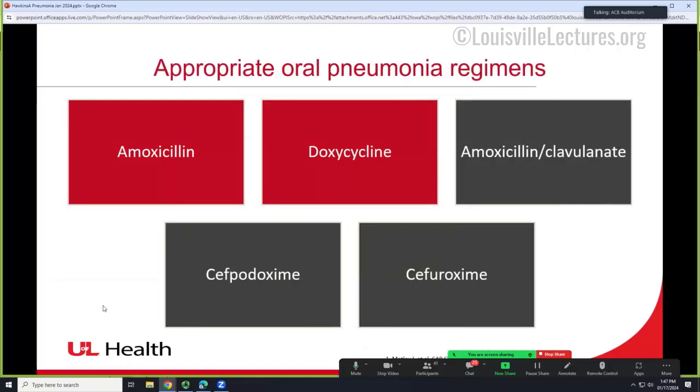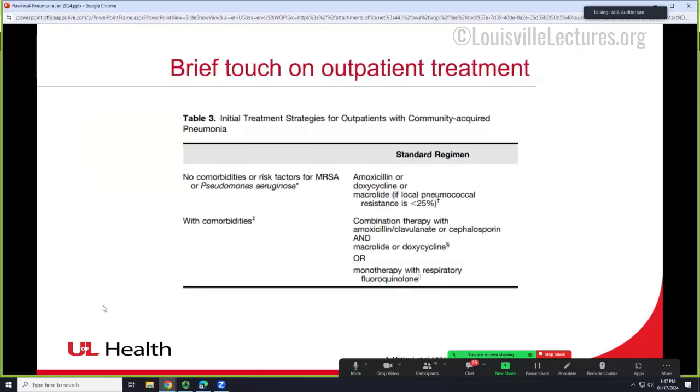These are the appropriate oral pneumonia regimens. This is stratified by comorbidities: gray is comorbidities, no comorbidities is red, so you can see your amoxicillin, doxy, and then you have some of your other more broad spectrum agents that get some of our strep pneumos and H. flu that might have a little bit of resistance to them. And a brief touch of outpatient treatment. I'm not going to go into this too much because outpatient stewardship is the bane of every stewardship pharmacist's experience. But all that to say, U of L Health has 67% susceptibility for macrolide to strep pneumo.